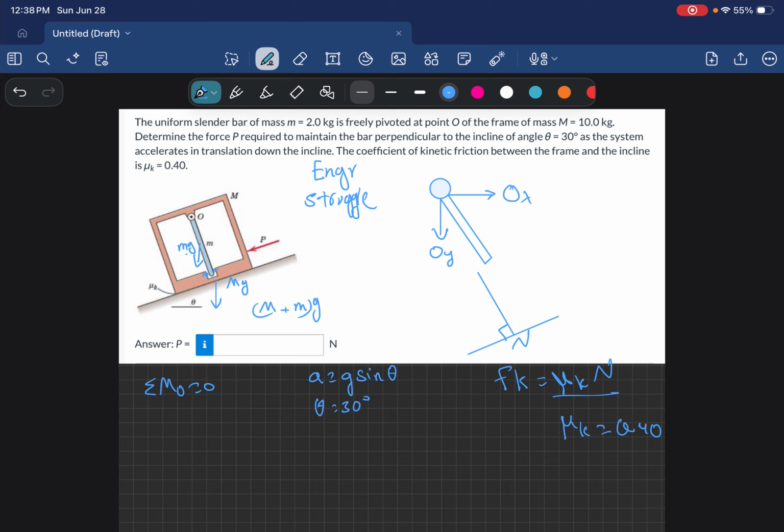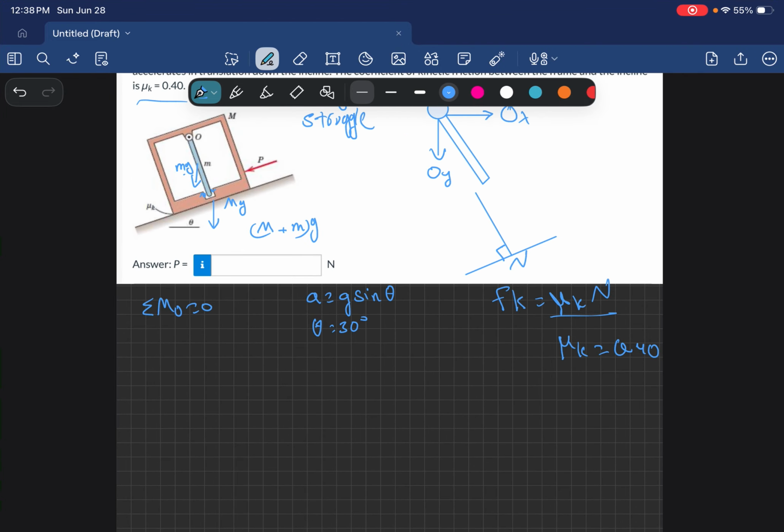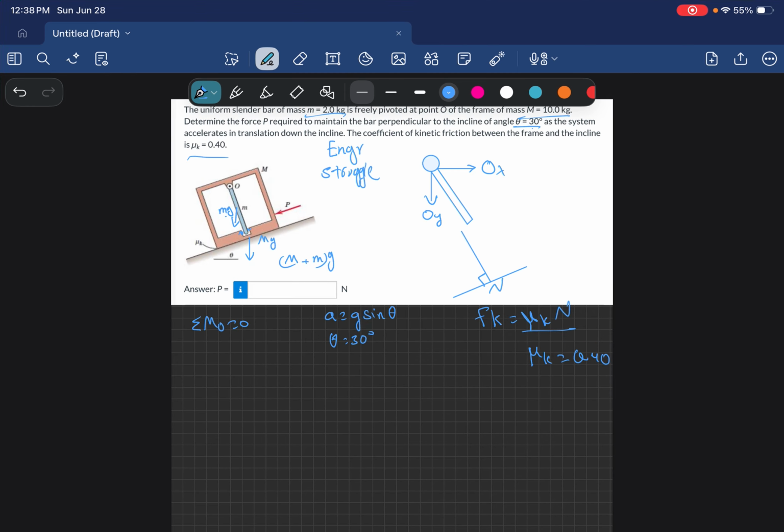So it sounds like we pretty much have most of the things provided to us, and we need to take the moments about O equals 0, using some statics with the free body diagram we drew over here.